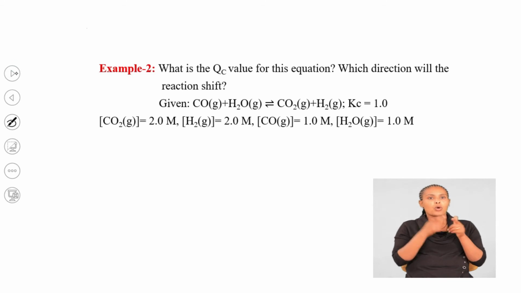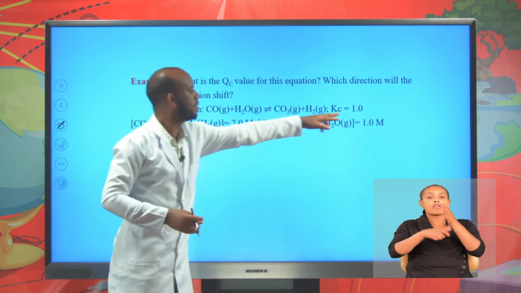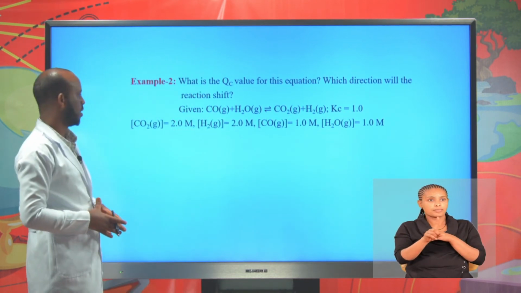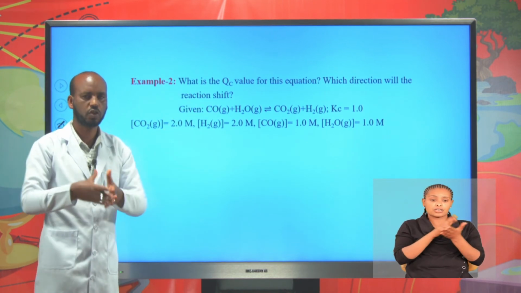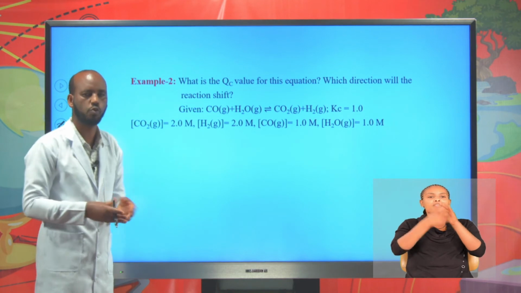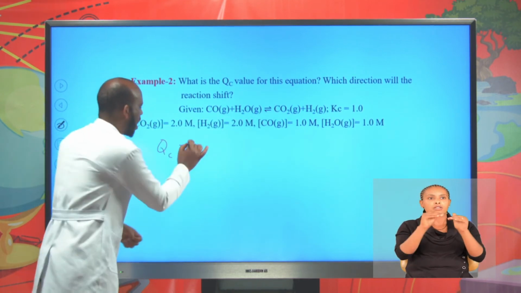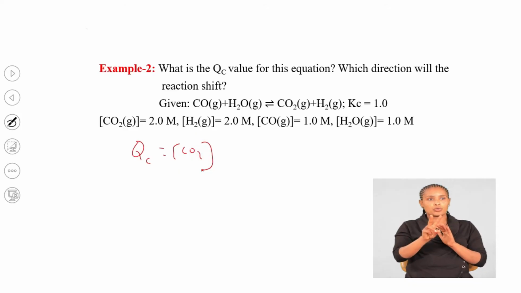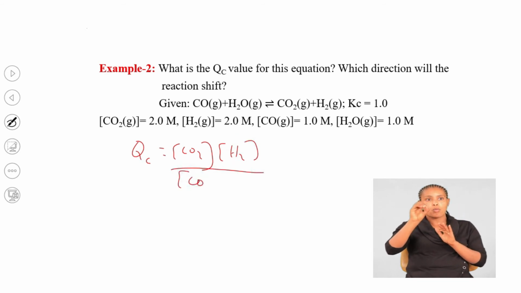2. What is the Qc value for this equation? Which direction will the reaction shift, given that the value of Kc is 1? To know the direction of the reaction, your first step is to calculate the value of Qc. Now Qc for this reaction equals concentration of carbon dioxide, coefficient 1, times concentration of hydrogen, divided by concentration of carbon monoxide times concentration of water.